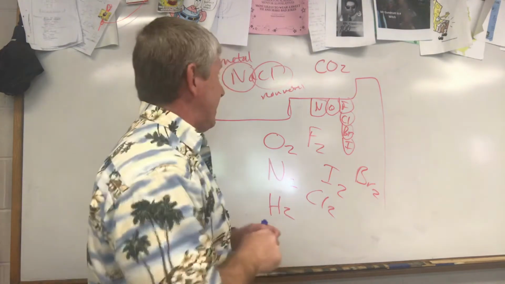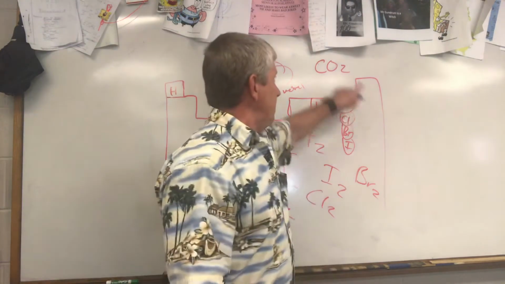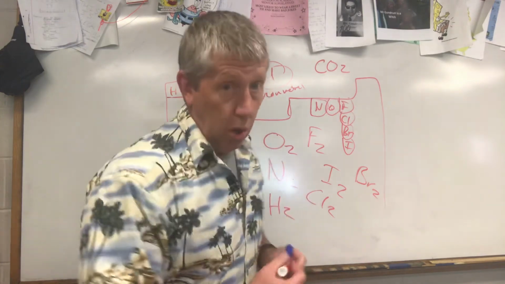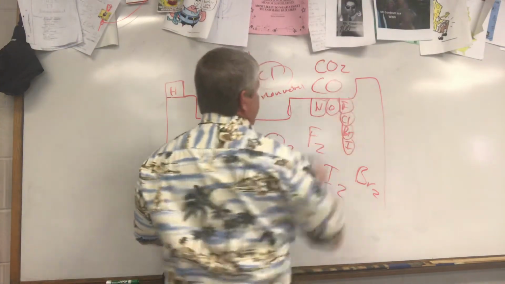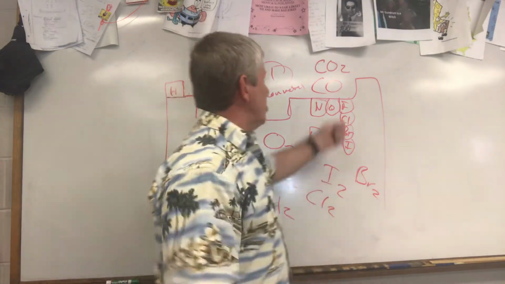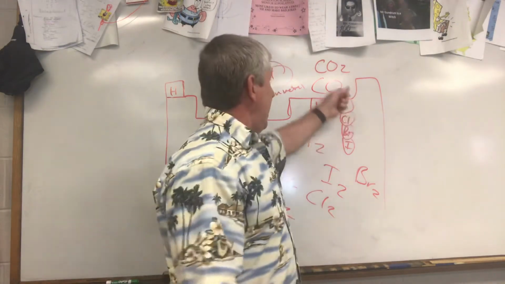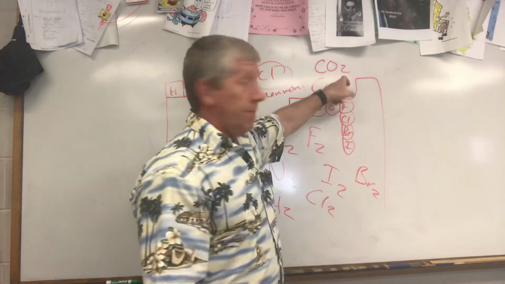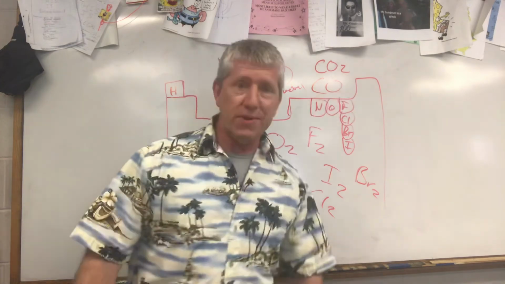Now, that doesn't mean they're going to be like that in a compound. Look at this up here. You have 2. See? O2. It's diatomic. No. Okay, carbon monoxide. We've been over this. So oxygen does not have to have 2 in a compound. It can have 1. It just so happens that my example up here, carbon dioxide, happened to have 2. That's just coincidence.